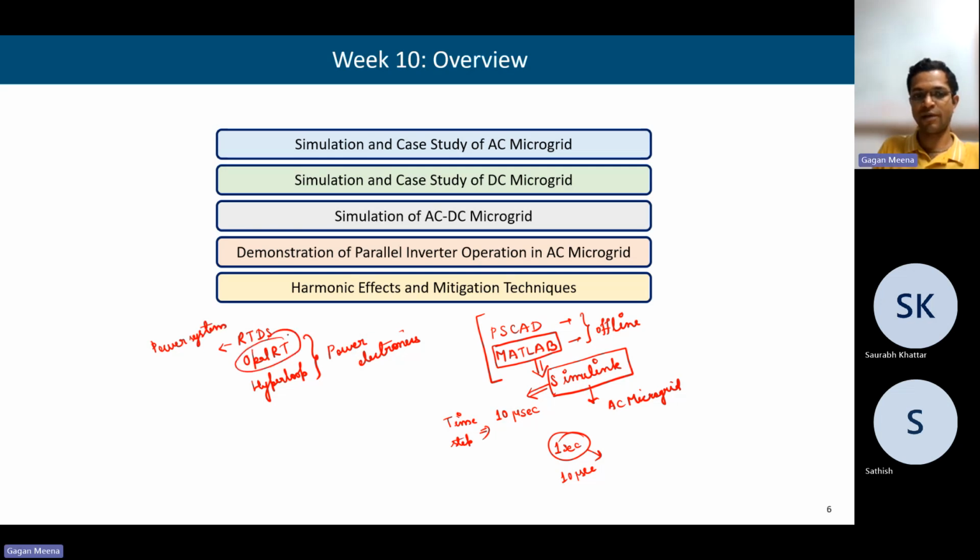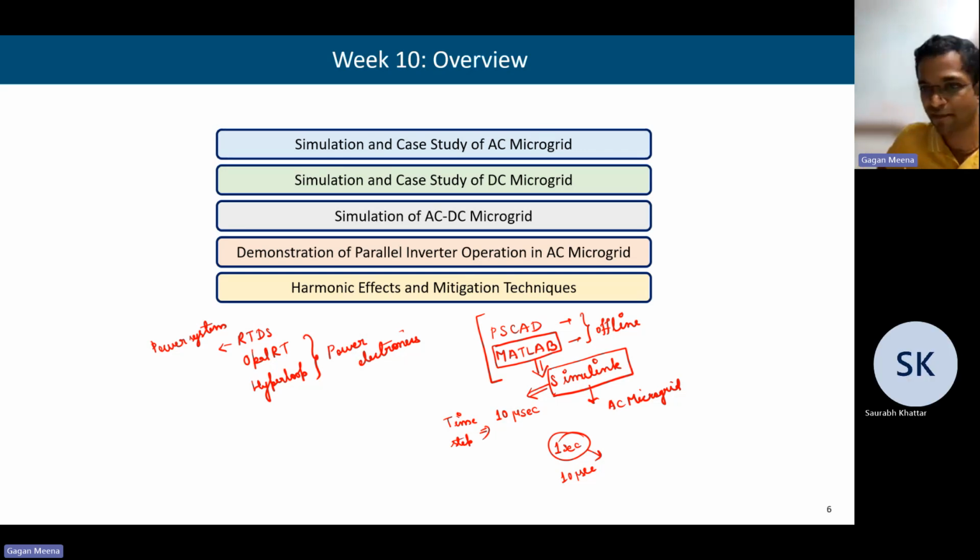OpenRT is generally used for control of these power electronic devices. Similarly, Hyperloop also. These are hardware platforms, and they have their own softwares also. In OpenRT we can use the hardware, but for the software we can use Simulink. Instead of running MATLAB on our system, we can run the same on OpenRT. OpenRT will integrate with MATLAB.